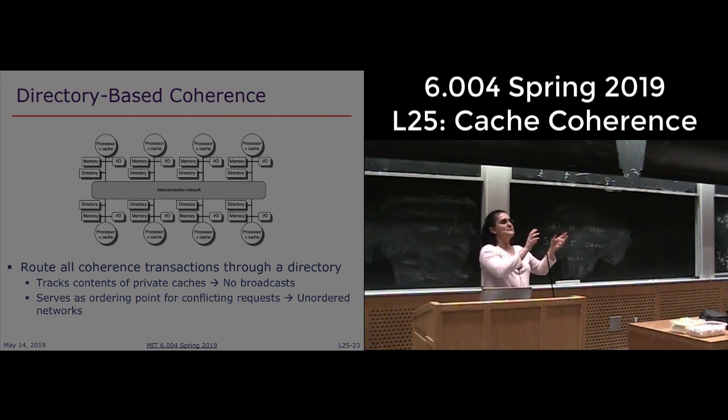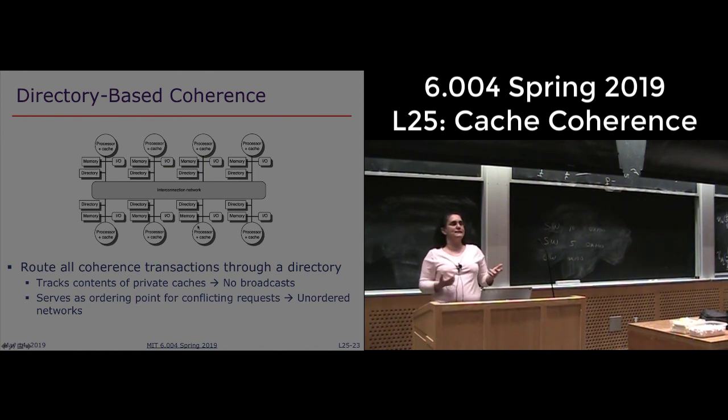Anytime somebody makes a request for a particular address, they know which processor owns that address. So you make a direct request to the processor that's responsible for that address, and it looks up in its directory what the state is. Is it in the shared state? Is it exclusive? And so on. And it knows exactly which of the other caches have made requests for this particular location.